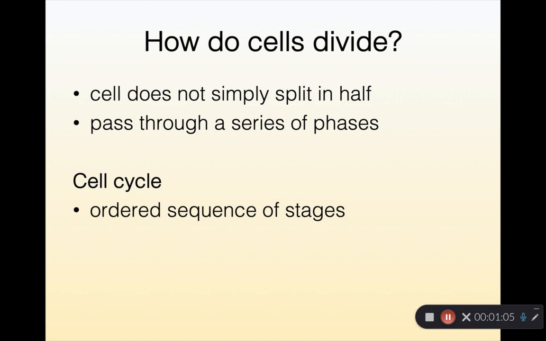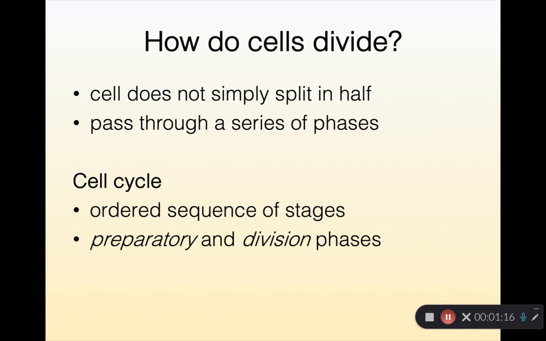And it's essentially just, again, what I said, the ordered sequence of stages in which a lot has to go right in order for a cell to properly divide. And in a broad sense, we group these into two large phases, one of which is the preparatory phase, and the second that is the division phase.